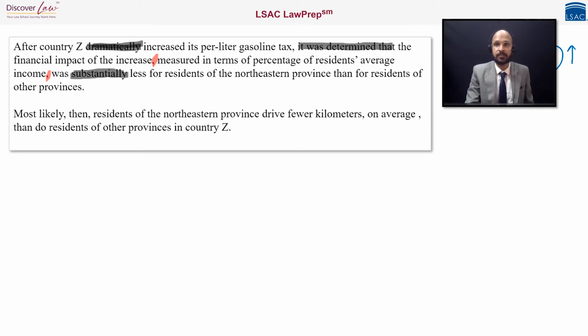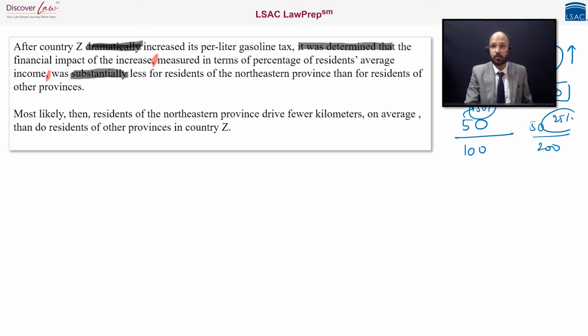That's 50 rupees. So you're looking at 50 rupees as a percentage of the income. If someone earns 100 rupees, then this is 50% of his income. But if someone earns 200 rupees, then the same 50 rupees becomes 25% of his income. So this is telling you how the measurement of the financial impact is being done.